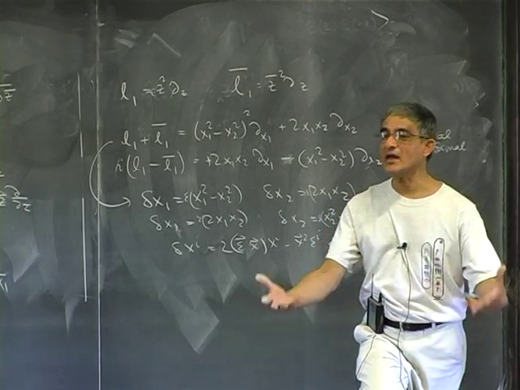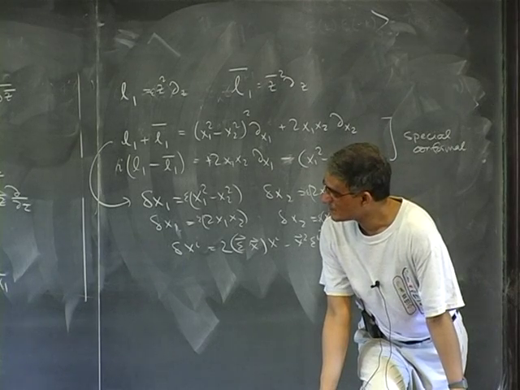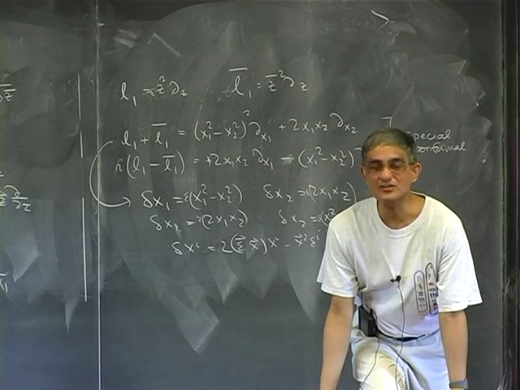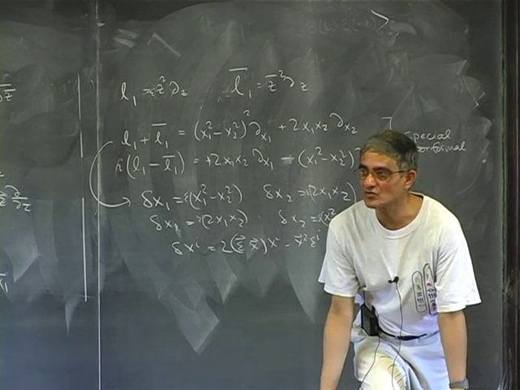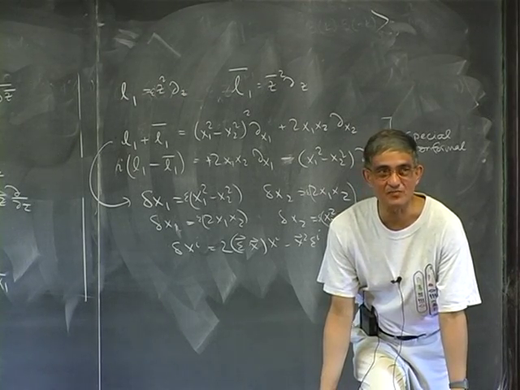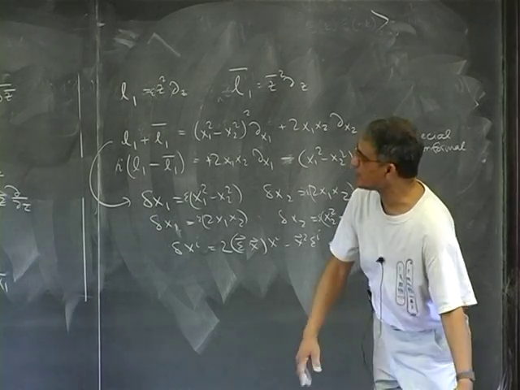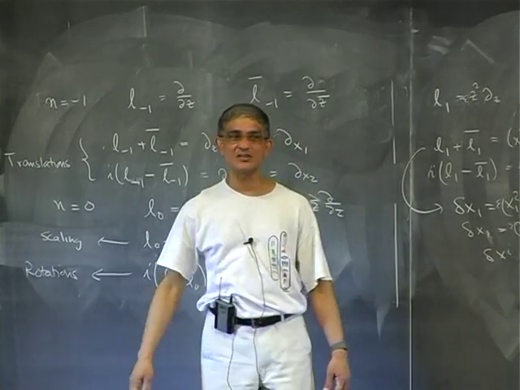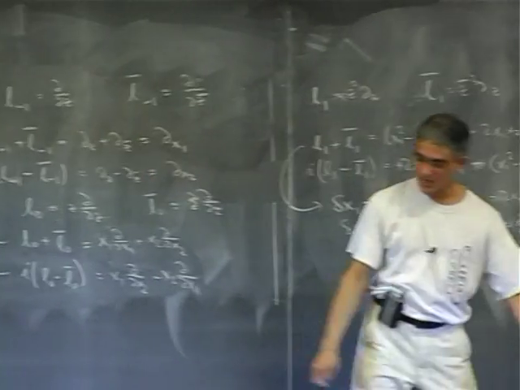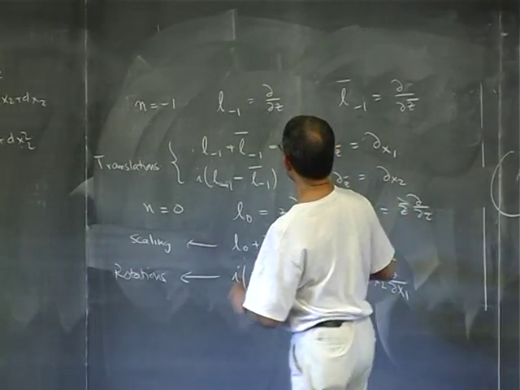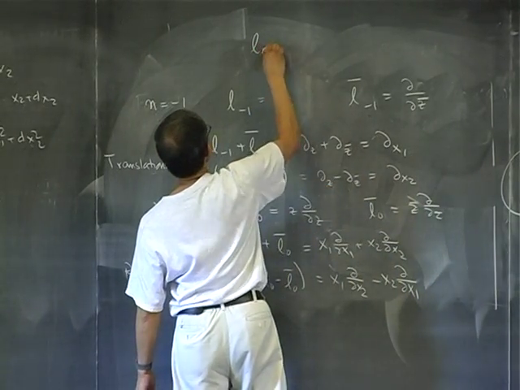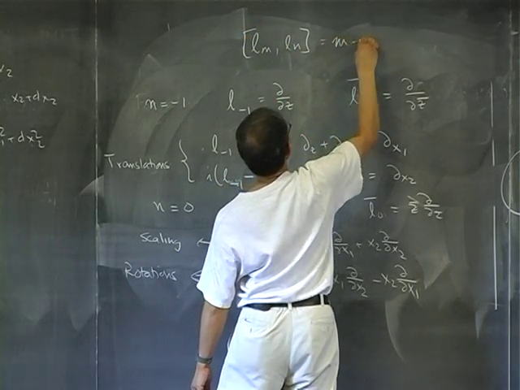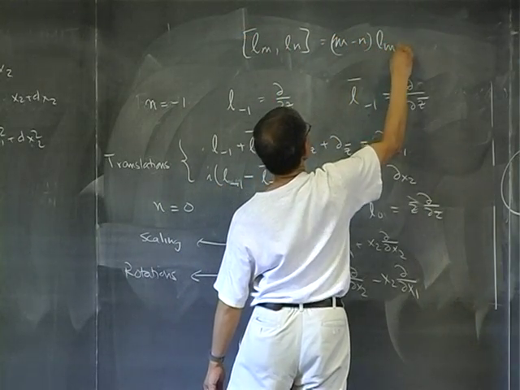When I go to higher dimensions, what you find is that conformal transformations are no longer an infinite dimensional group. In 2 dimensions there are an infinite number of these Ln's, called the generators of a Virasoro algebra. If you calculate just from this formula the commutators of Lm and Ln, what you find is m minus n times Lm plus n.